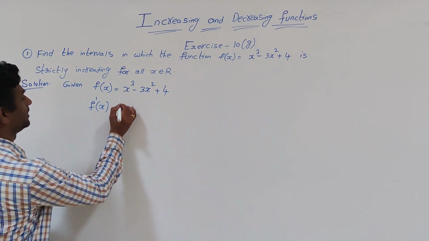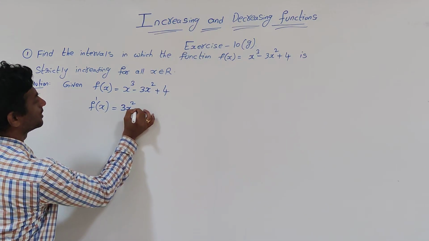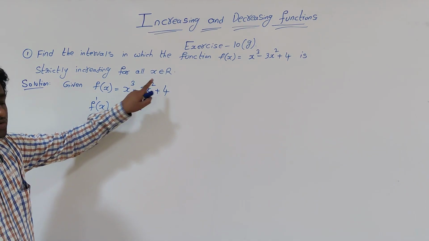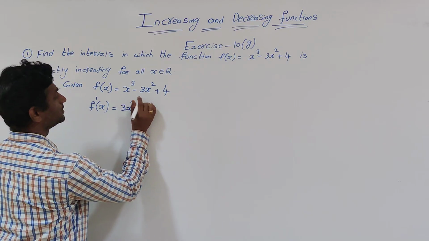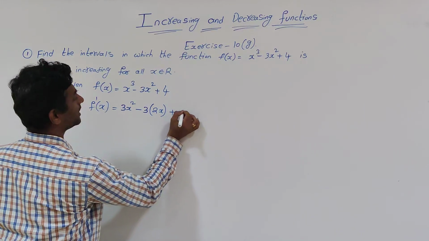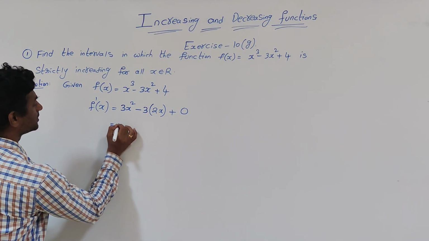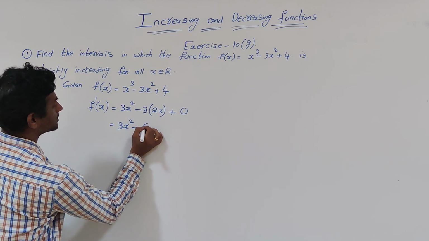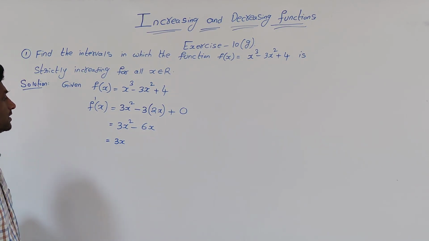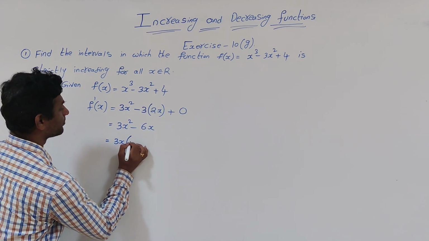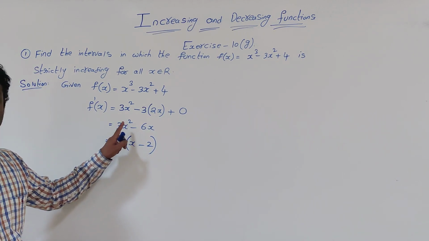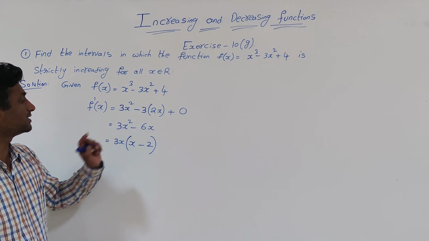Derivative of x cube is 3x square, minus, derivative of 3x square is 3 is constant, derivative of x square is 2x, plus derivative of constant is 0, means 3x square minus 6x. If I take 3x as common, then it will be x minus 2. So 3x into x is 3x square, 3x into minus 2 is minus 6x.